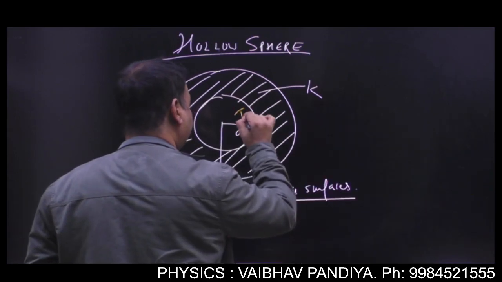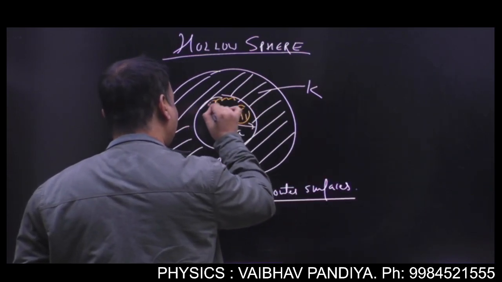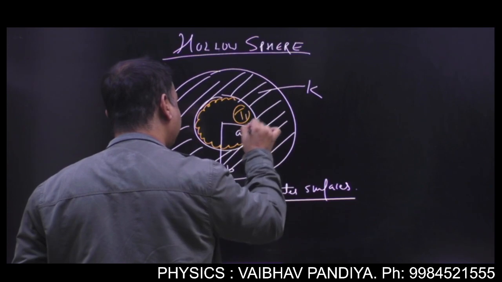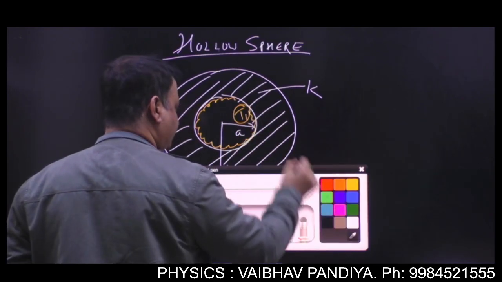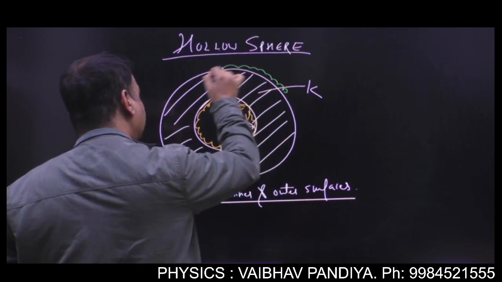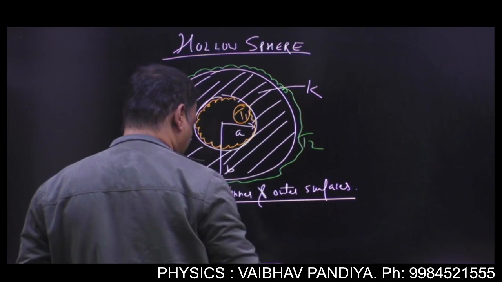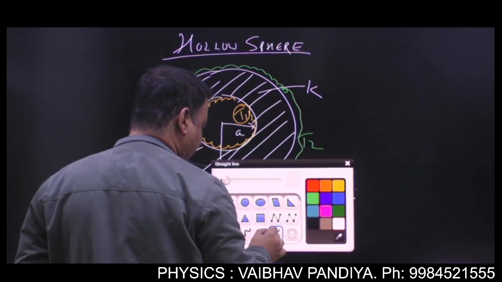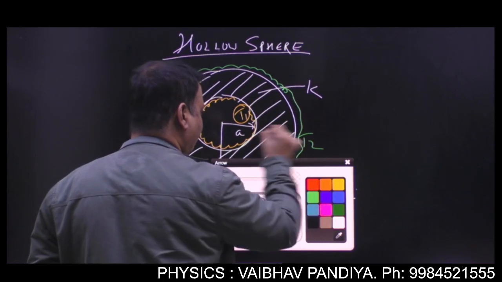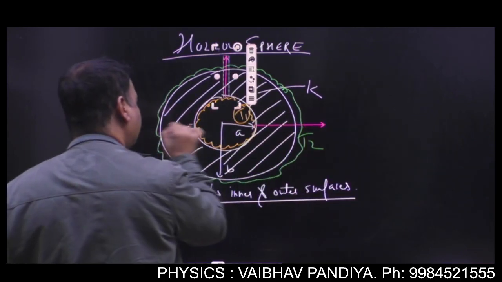So it means there will be some particular temperature of, say, the inner surface and some temperature of, say, the outer surface. So the temperature difference is between the inner and outer surfaces. So heat will be flowing between inner and outer surface.